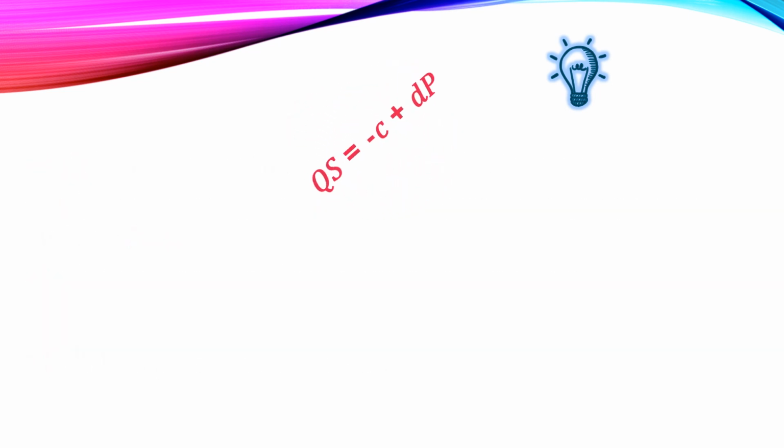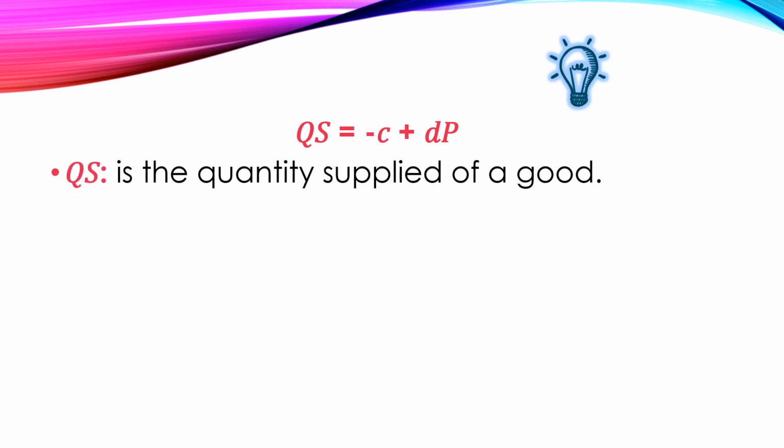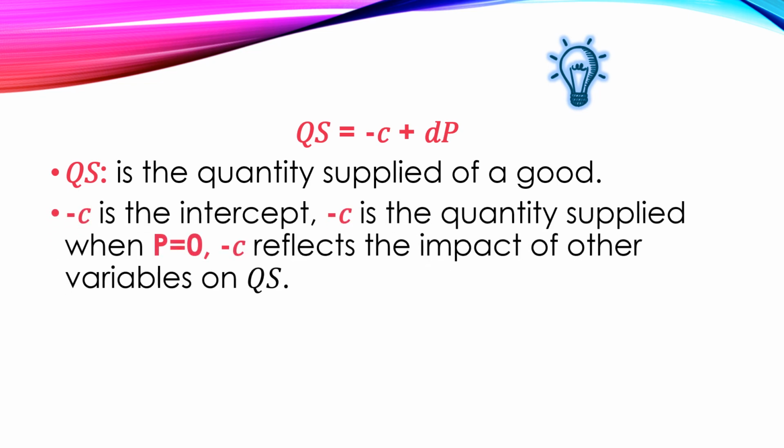The quantity supply equation is QS equal negative C plus DP. QS is the quantity supplied of a good. Negative C is the intercept or a constant. If price equals 0, quantity supply will equal the intercept or the constant.